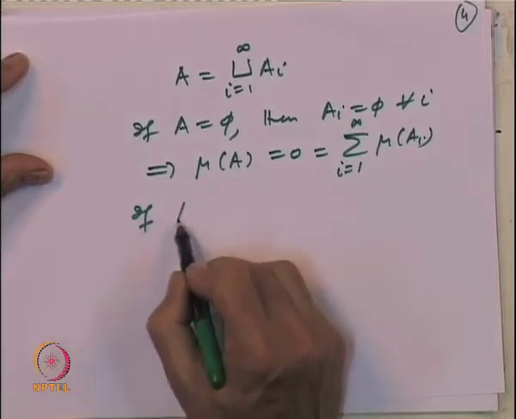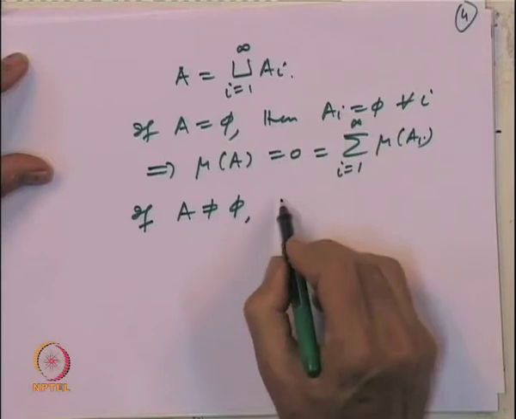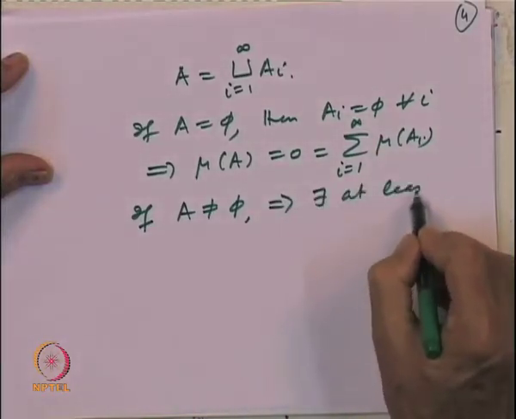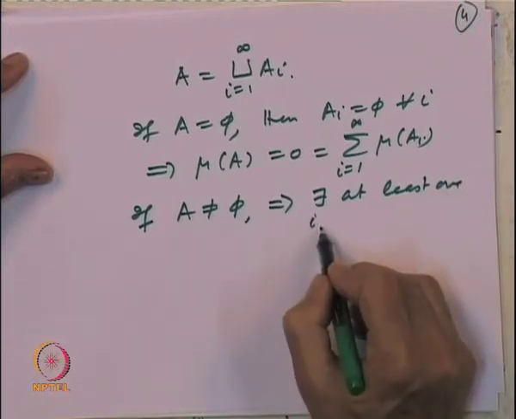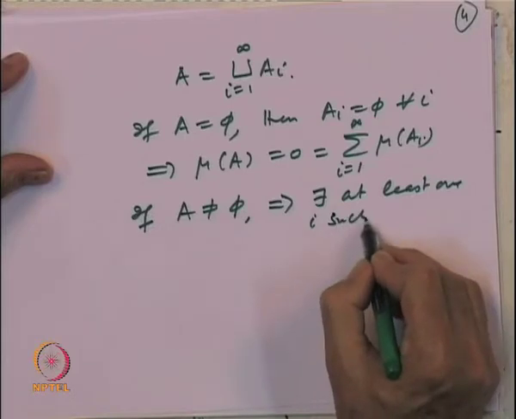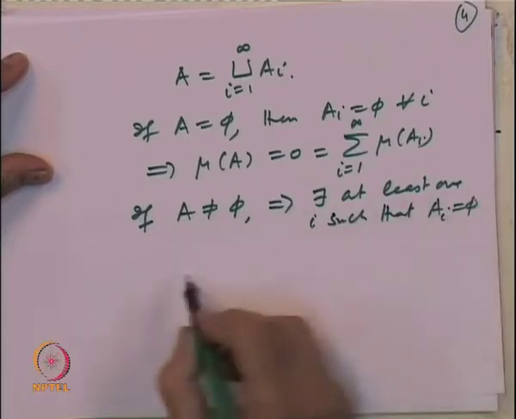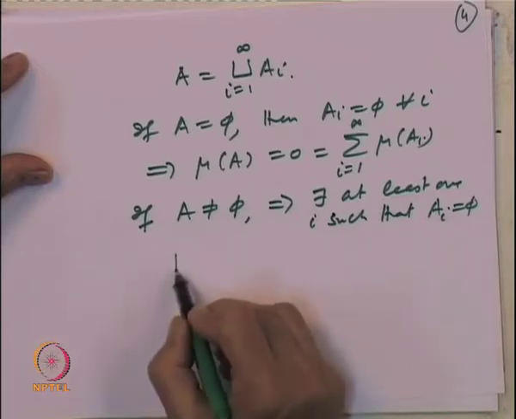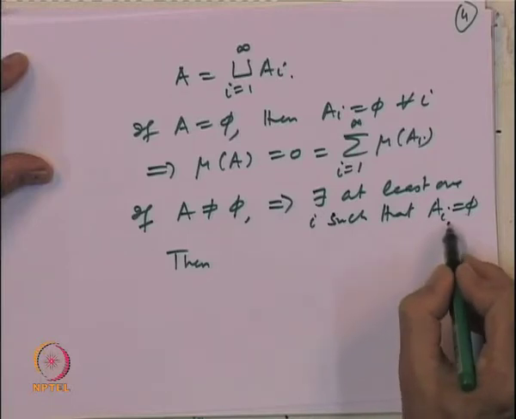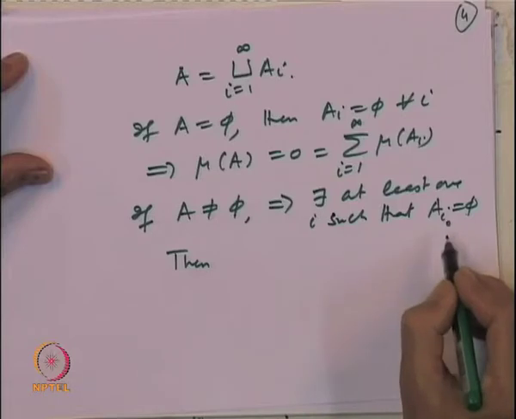The second possibility: if A is not empty and A is equal to the union, then that implies there exists at least one i such that A i is not empty. Let us say that is i naught.